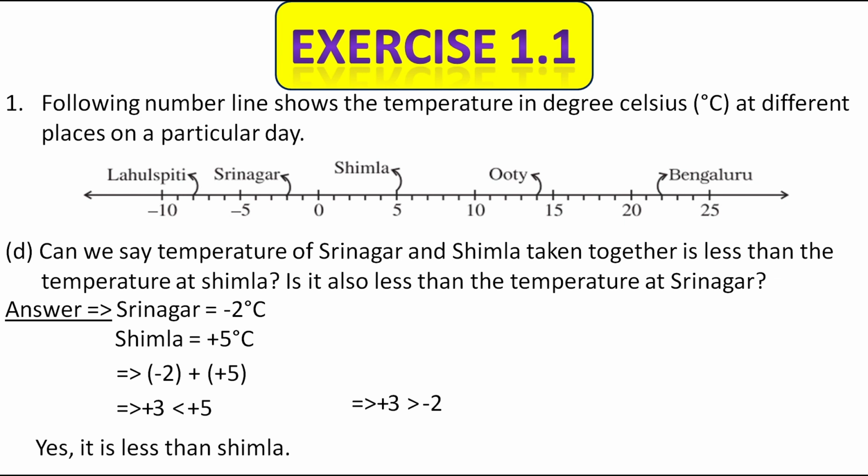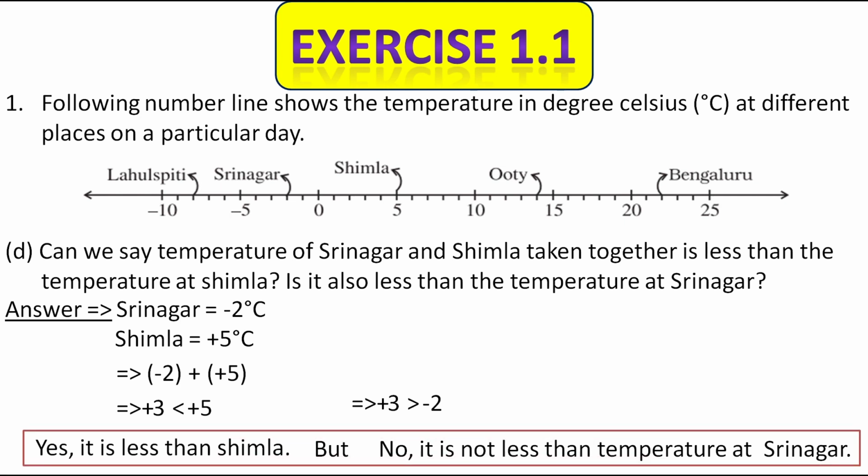So no, it is not less than the temperature at Srinagar. So altogether, when we take the temperature of Srinagar and Shimla taken together, it is less than Shimla, but it is not less than the temperature at Srinagar.